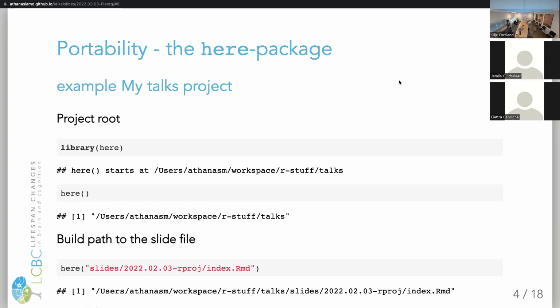And here's just some small examples of my own project root for my talks project, because I have an R project with all of my talks in it, which is literally where the slide exists.